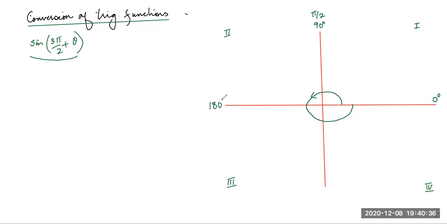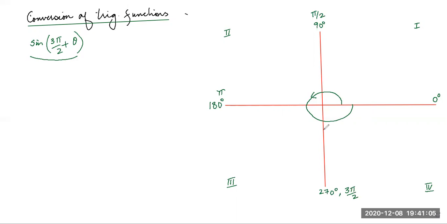If I take the angle in the positive direction, this is pi. And this angle is 270 degree. In pi, I can say pi by 2 plus pi by 2 plus pi by 2, so I can say 3 pi by 2. How? 1 pi by 2, 2 pi by 2, 3 pi by 2.